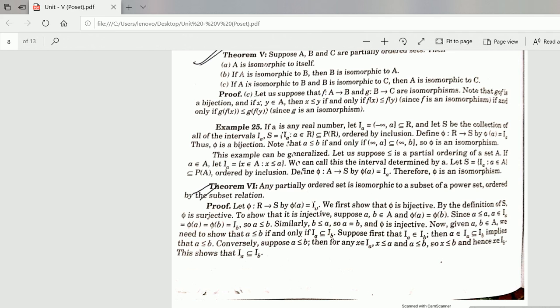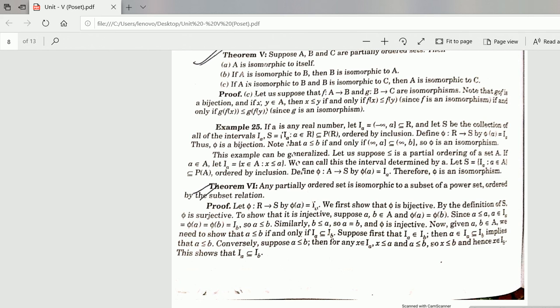To show that it is injective, suppose a, b belong to A and phi(a) is equal to phi(b). Since a is less than or equal to a, a belongs to I(a), which implies a belongs to I(b), so a is less than or equal to b. Similarly, b is less than or equal to a, so a equals b, and phi is injective.